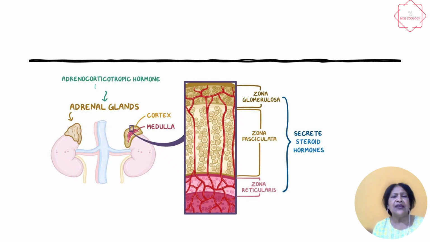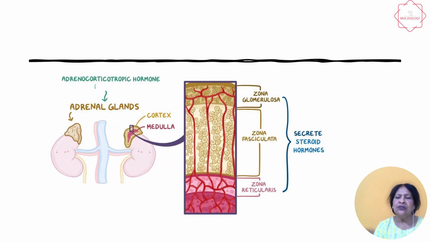I hope when I did the first exercise on the endocrine system, I told you that the hormones from the adrenal are steroid hormones. That means they are not directly soluble in the plasma of the blood. Rather, they are soluble in the lipid or in the cholesterol.